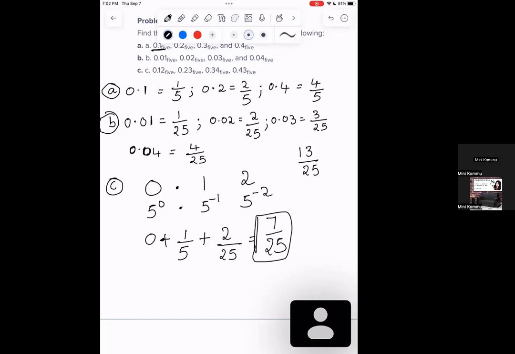Let's see. No, 0.43. Sorry, it's not 0.34, right? Oh, it's 0.34. Now 0.34 you will get it as 19/25.